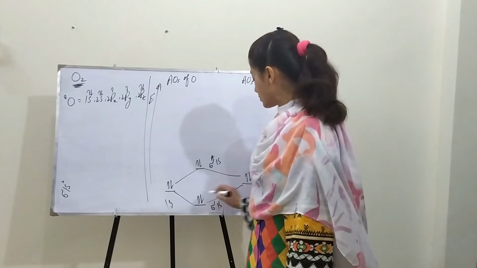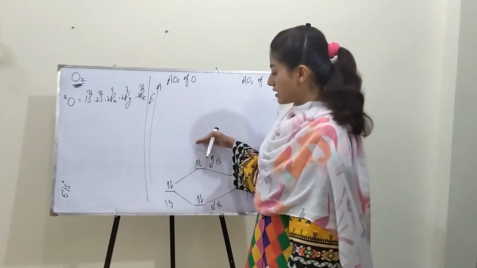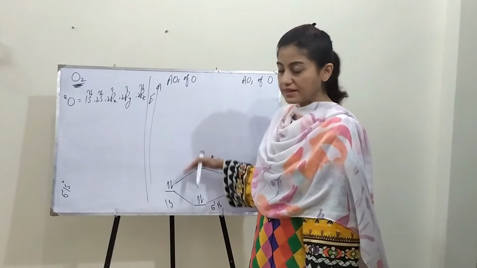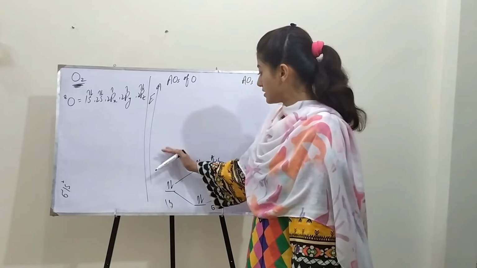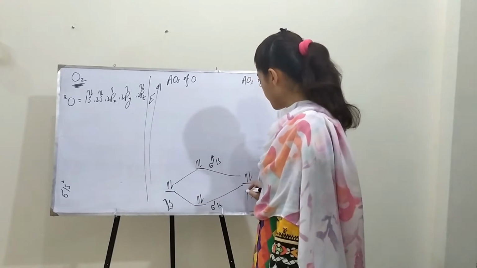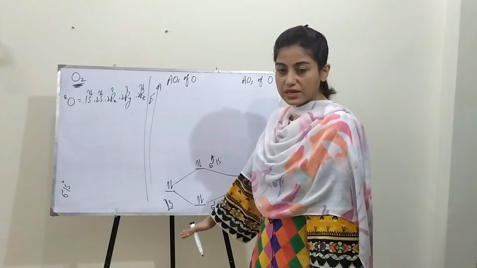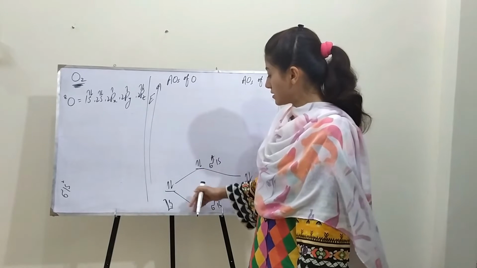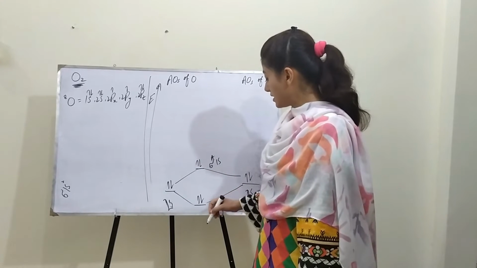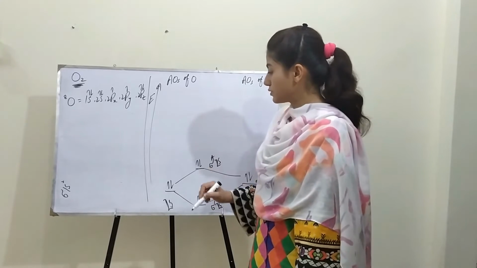Similarly in 2s, here it is 1s orbitals, and at higher energy level than this one it would be 2s. We will convert this one into 2s. 1s would be at the lowest energy level, then 2s, and the same pattern would be followed. Here it would be sigma 2s, then sigma star 2s.